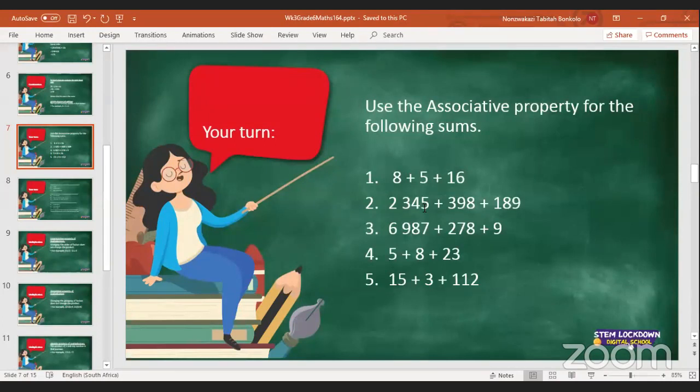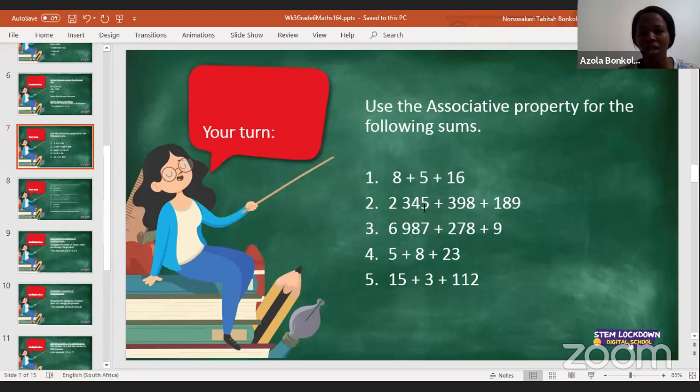So the answer for 398 in brackets with 189 is... wait. Okay, can you please come back to me? Not a problem. You can always use a calculator. If you do have your calculator in front of you, you can always use it. Can we have someone else? Because Tepang is going to quickly get some tools for his calculations.